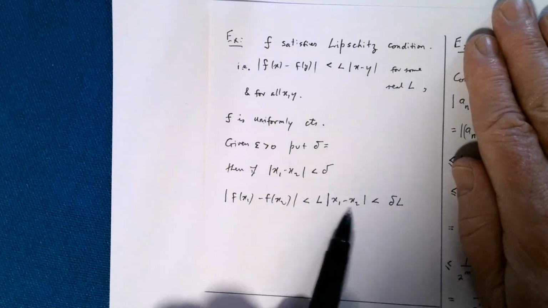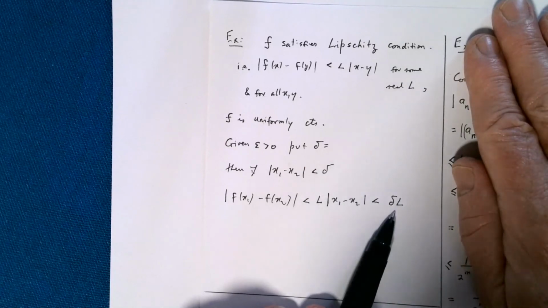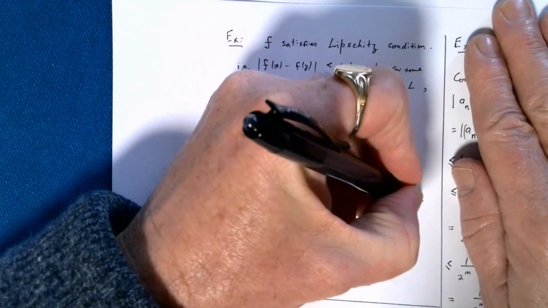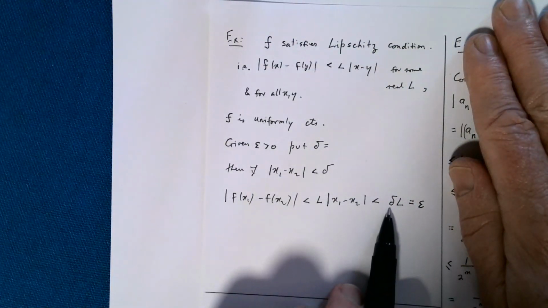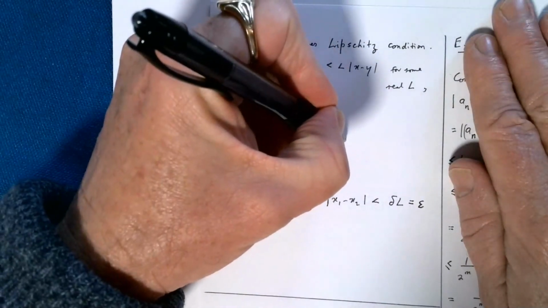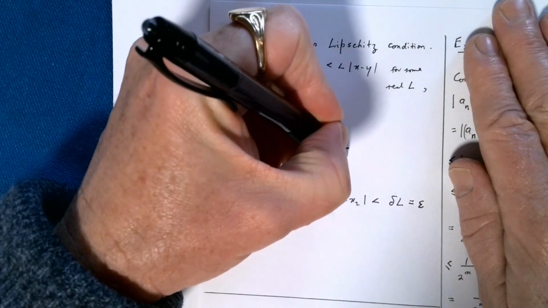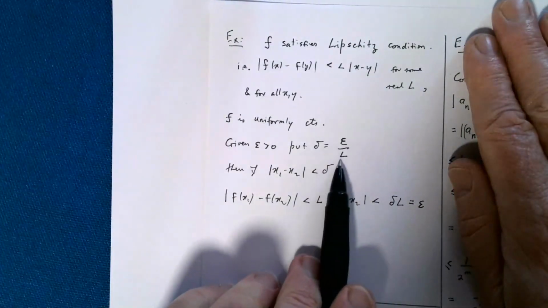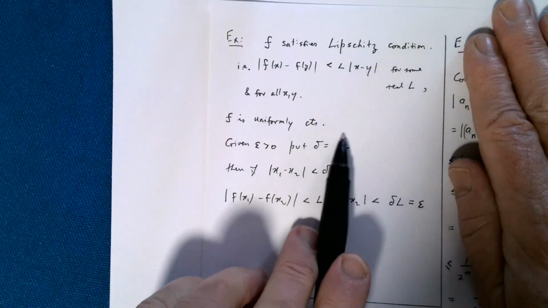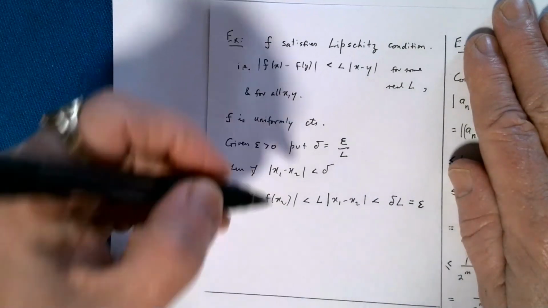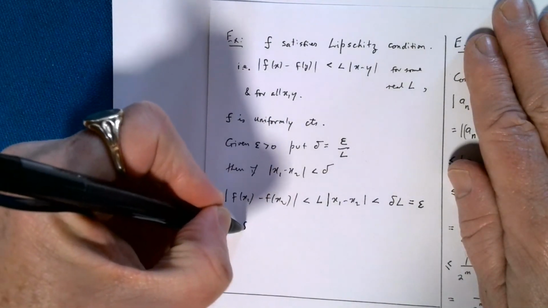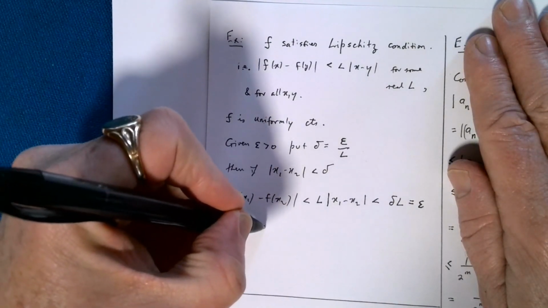And this bit here is less than delta, so this is less than delta L. I wanted it less than epsilon, so at this stage I put this equal to epsilon, and I'm just going to make delta the subject, and so I have delta equals epsilon on L. Now L is a fixed number, so this delta depends only on epsilon, not on the x and the y's. And so therefore we can say f is uniformly continuous.